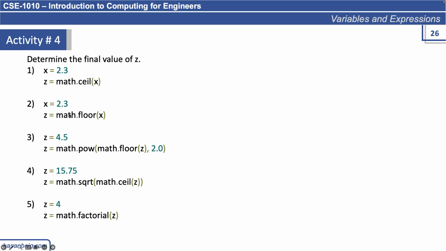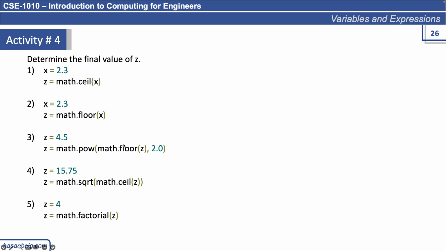Let's talk about the second one. Here we are lowering it down with floor, so 2.3 would be rounded down to 2. Let's talk about this 4.5. Here we are passing into multiple functions. These are nested functions, which we will talk about later. What we are first doing is this power function.